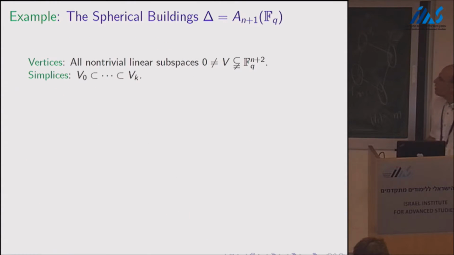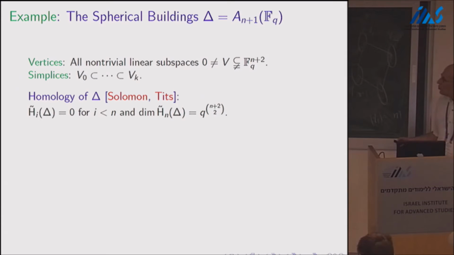Another very natural example is spherical buildings. So let's look at the spherical building associated to SL_{n+2}(F_q). We take all subspaces of F_q^{n+2}, these are the vertices, and the simplices are just chains or flags.